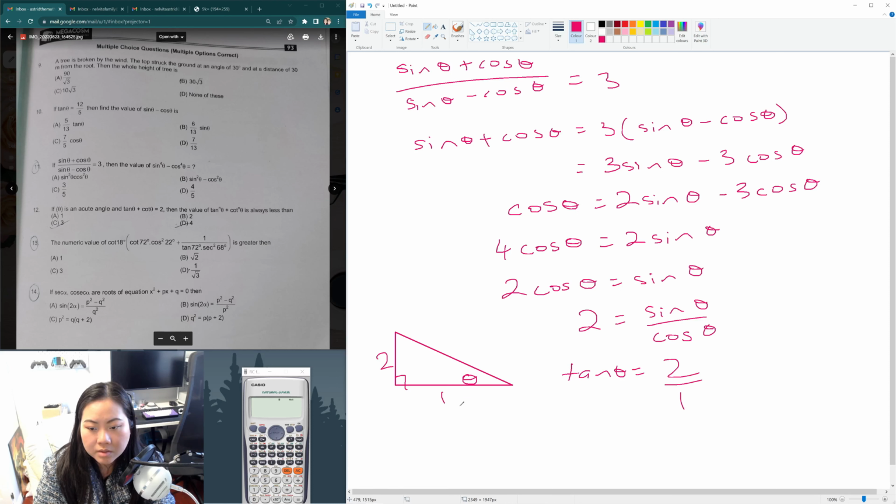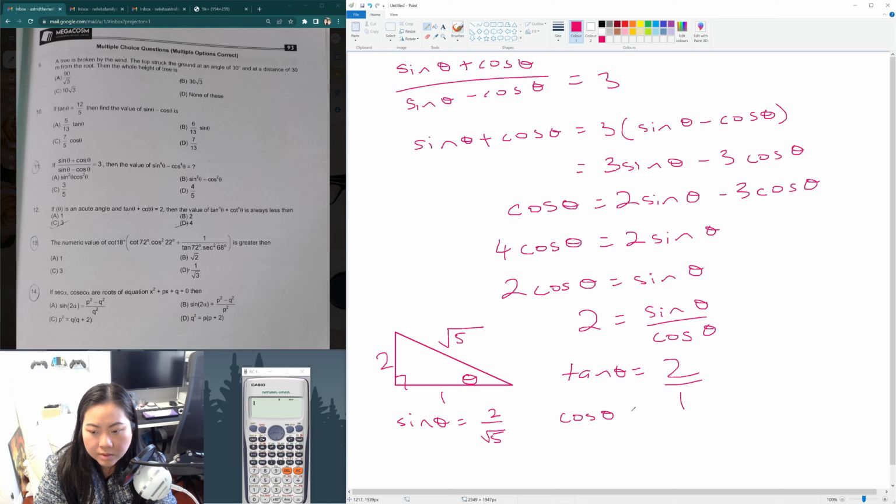So it's opposite over adjacent. This would be root 5. 2 squared plus 1 squared is 5. So it's the square root of 5. Now we can do the other thing. What is it? Sine. So sine theta is equal to opposite over hypotenuse.